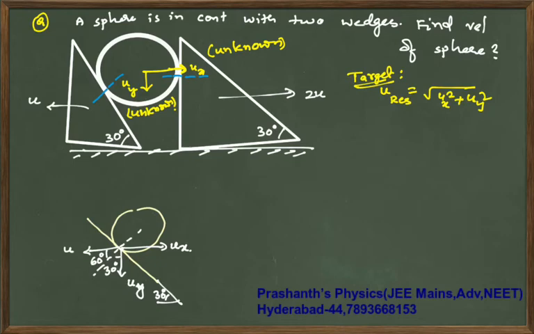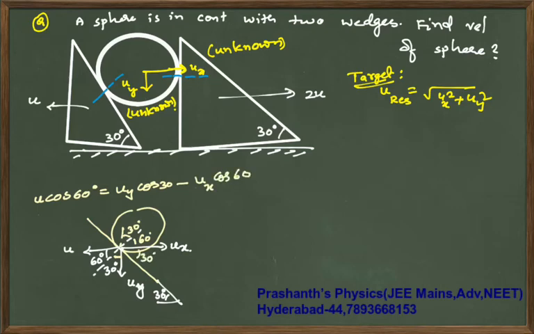So if you take the left part, your first equation is u cos 60 must be equal to uy cos 30 minus ux cos 60.